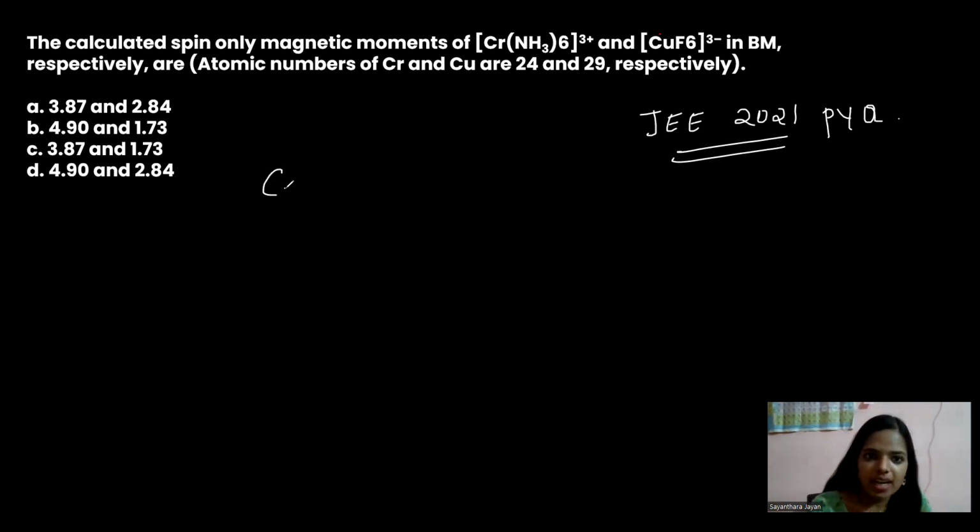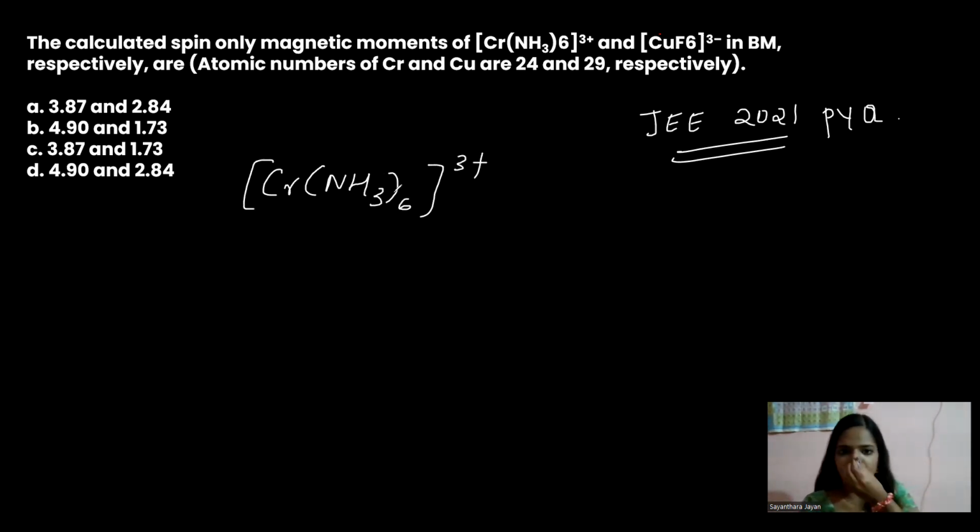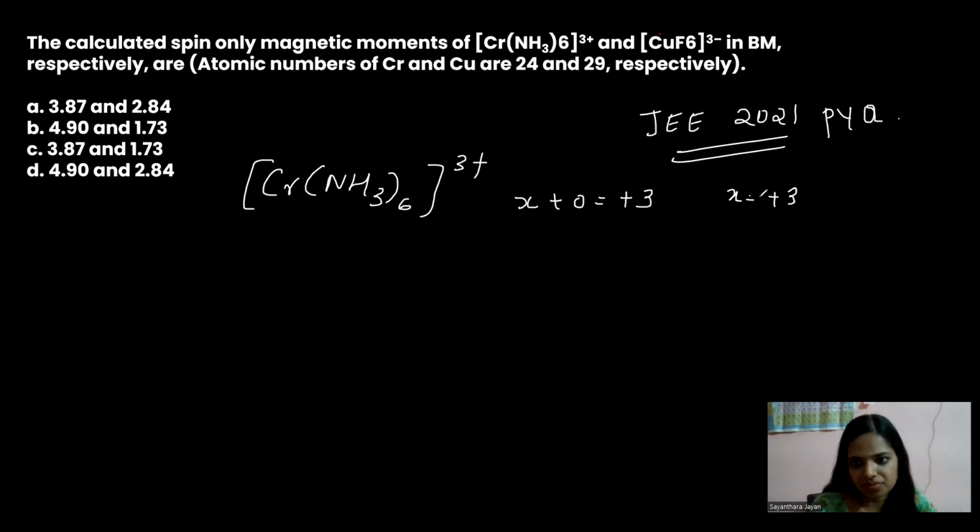So when I take [Cr(NH3)6]3+, this is a coordination complex. You have to find the oxidation state of chromium in this particular complex. It is X, ammonia is a neutral ligand. So X plus 0 is equal to plus 3, that is X is equal to plus 3.